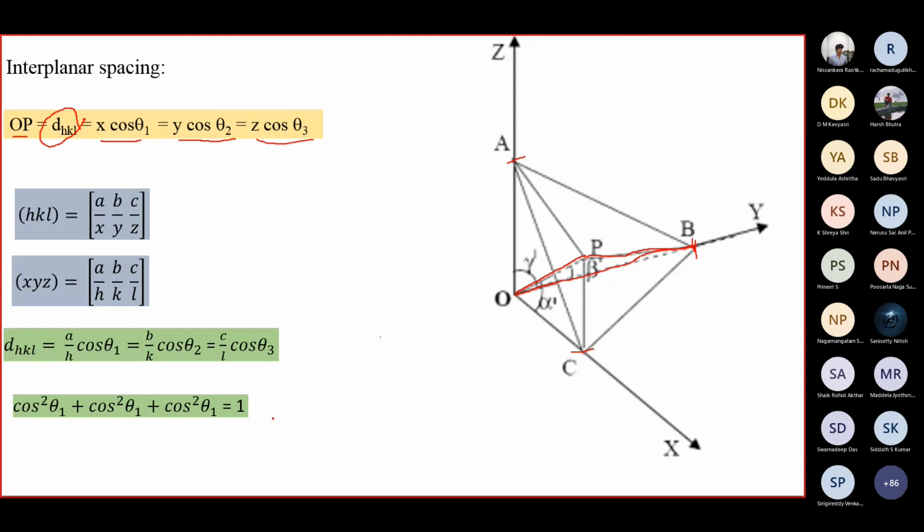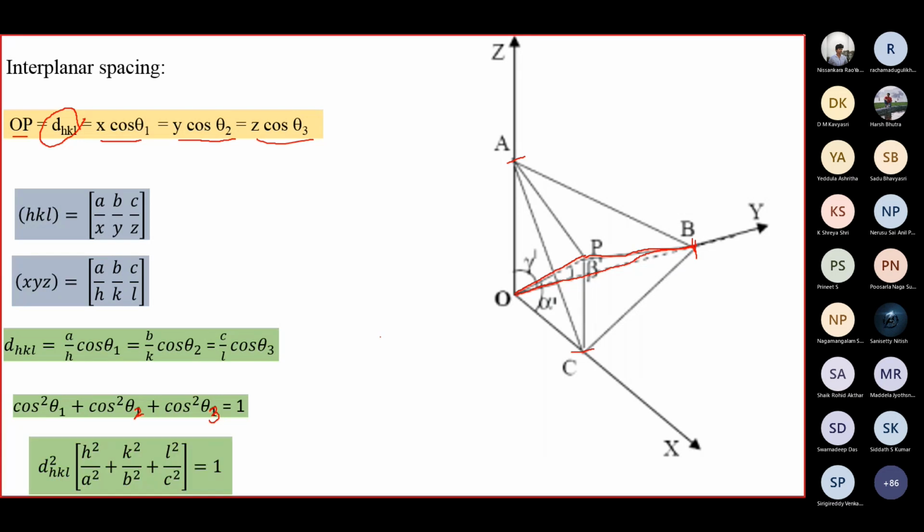It should be cos square alpha plus cos square beta plus cos square gamma is equal to 1. That's how it should be. Theta 1 is equal to alpha, theta 2 is equal to beta, theta 3 is equal to gamma. Note down this, is equal to 1.